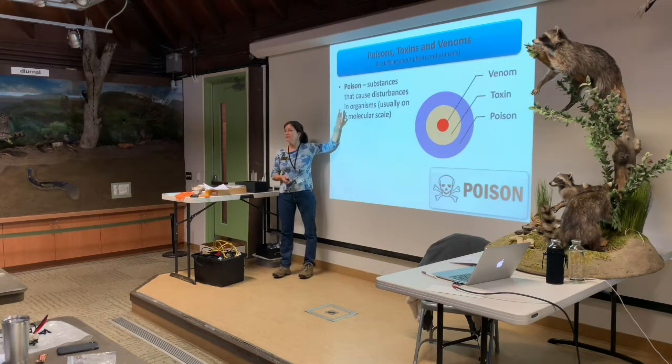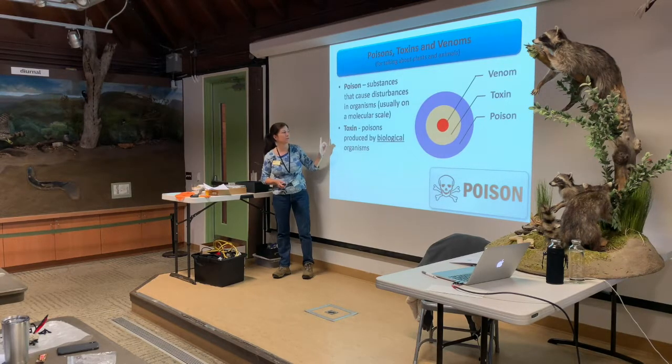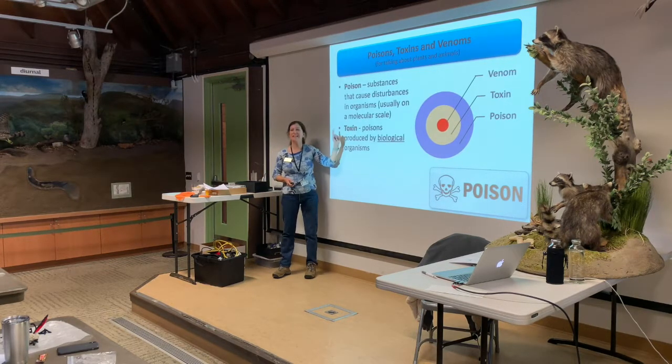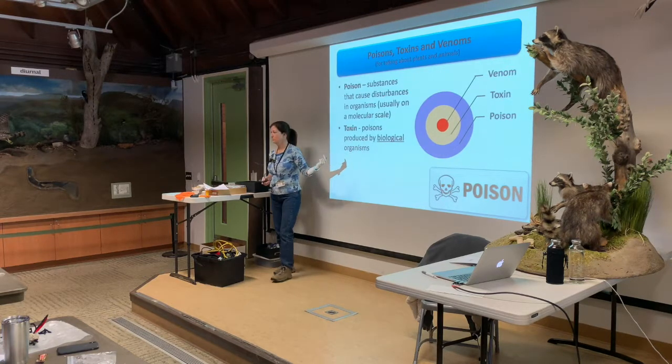So a poison can be something like arsenic, which is not from a living creature, because it does cause a disturbance in an organism. So that would be a poison. But now we're getting to the particulars that are distinct for plants and animals. A toxin is a type of poison, and it is produced by biological organisms.